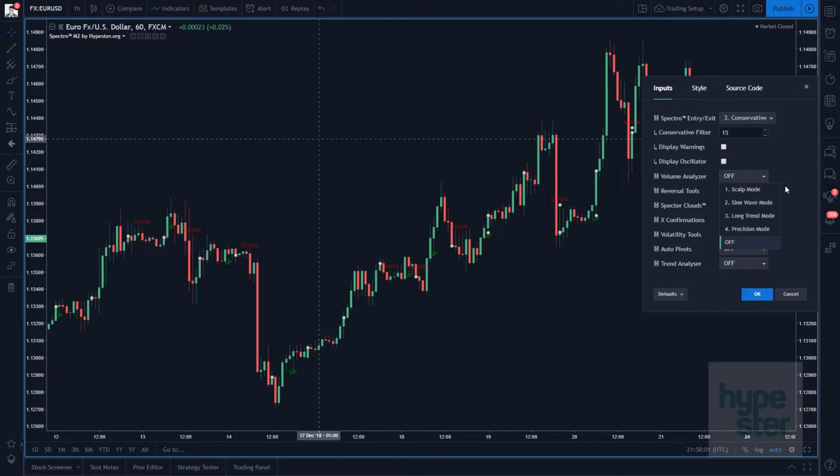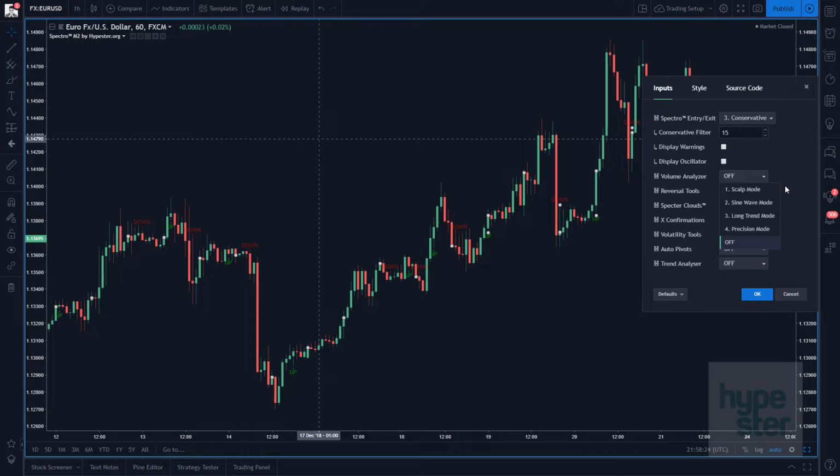So each mode has a slightly different style, but they are all pretty similar. The core mechanism comes from the Spectro oscillator, volume oscillator, which also uses statistical probability, some machine learning to analyze the odds and give me an output of the model and such.